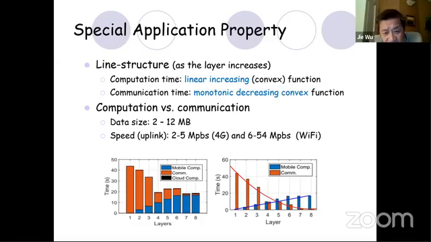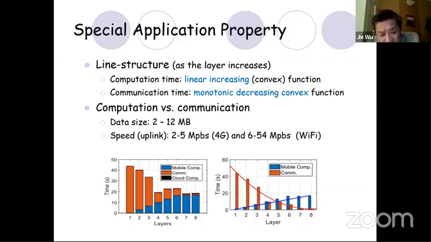So what's the important observation? The observation is that the computation time is linearly increasing. It means that if we offload a little bit later, there is more and more computation. So it's like a linear increase, still like a convex function. Another one is the communication time. Remember we are doing convolution or local pooling, so the data size becomes smaller and smaller. So it's monotonically decreasing.